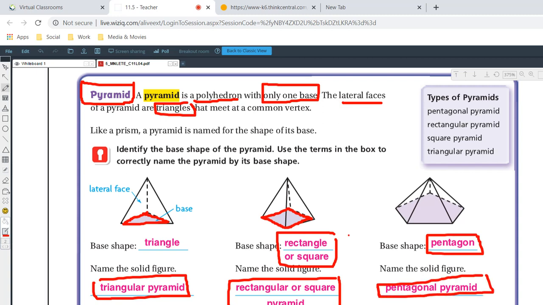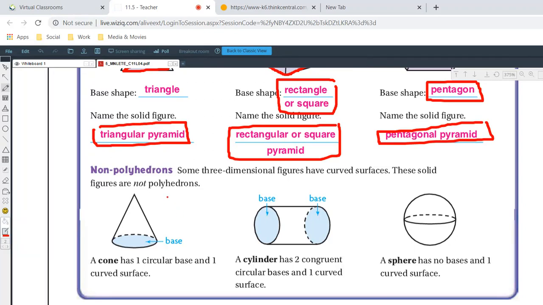The second type of solid figures is non-polyhedrons. Non-polyhedrons are three-dimensional figures that have curved faces. Here we have a cone, like your ice cream. We have one circular base and a curved surface.